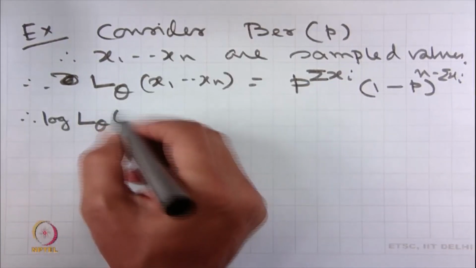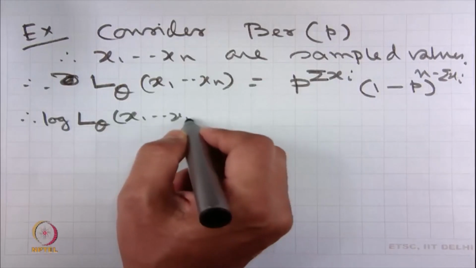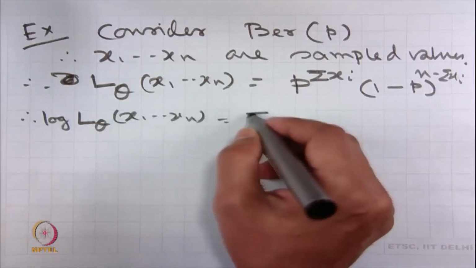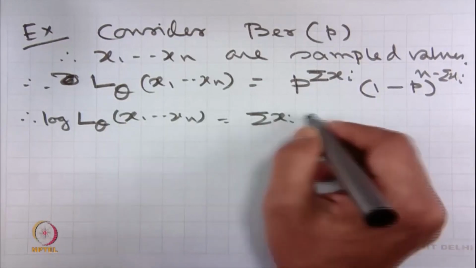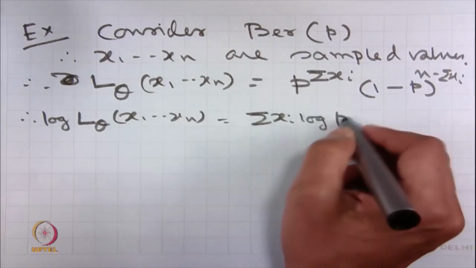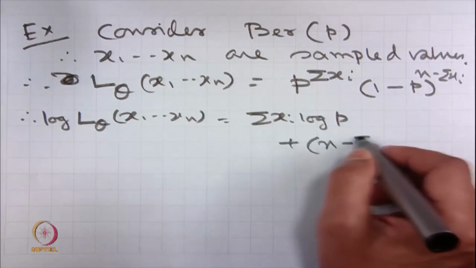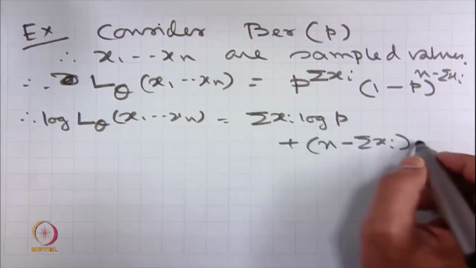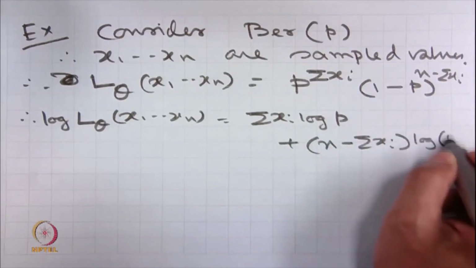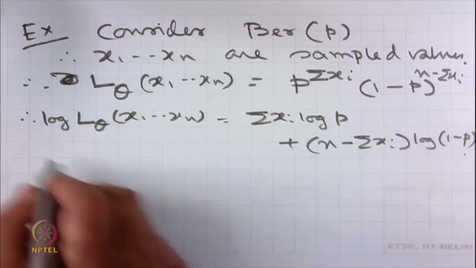Therefore, log L of x1, x2, xn is equal to sigma xi log p plus n minus sigma xi log of 1 minus p.